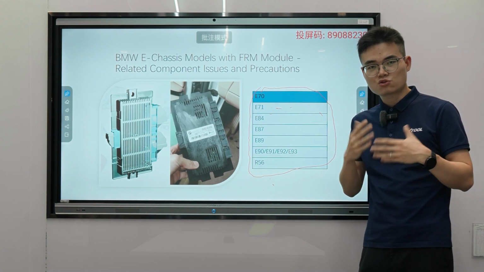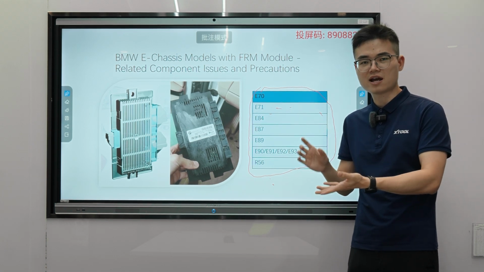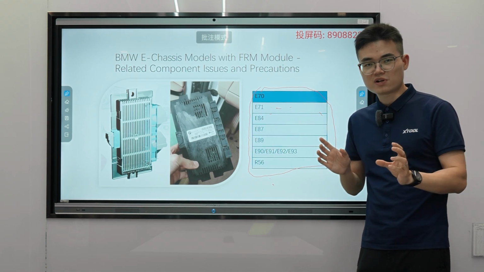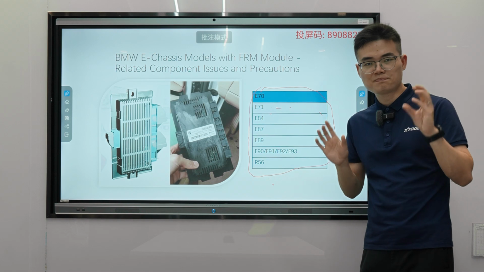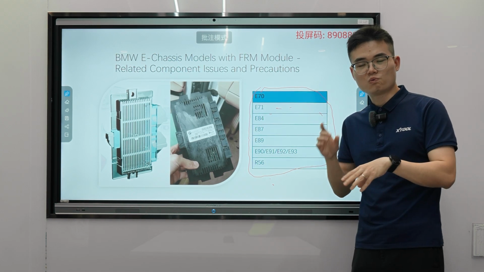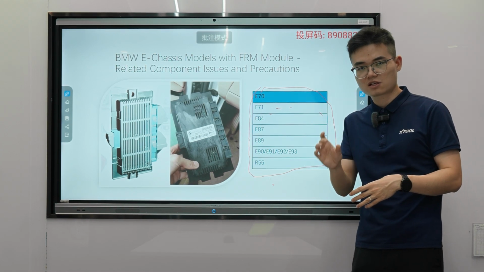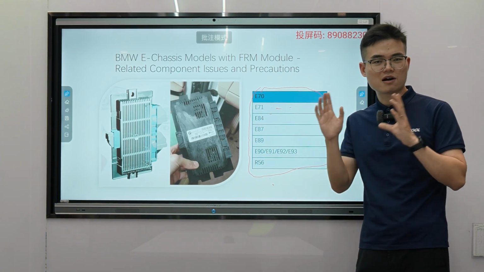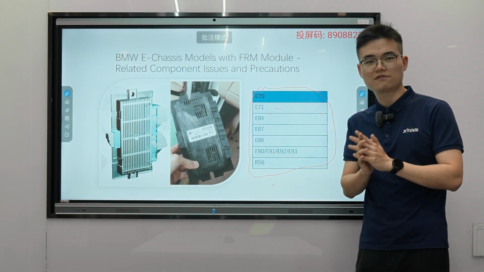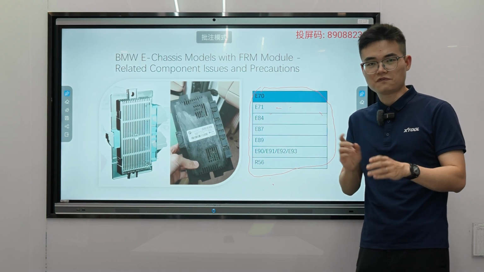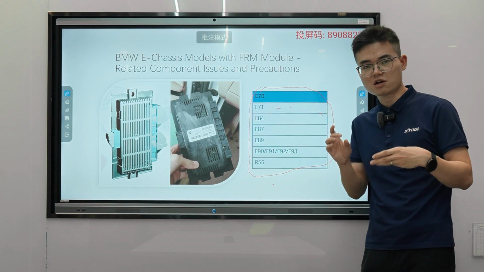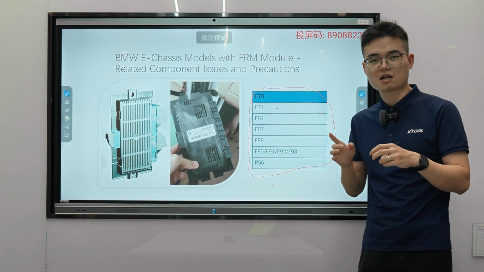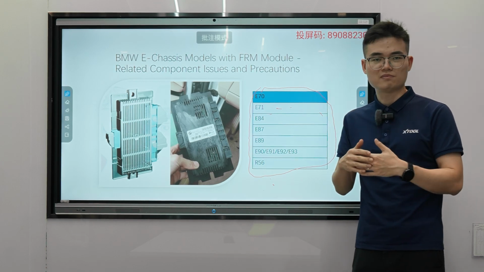The last choice is to replace the FRM, but remember, you need to reprogram the new module with the same VIN code, because the VIN code of this vehicle holds a lot of information of critical usage. If you don't follow the VIN code of the original vehicle, then it may cause some very severe problems about adaptation.